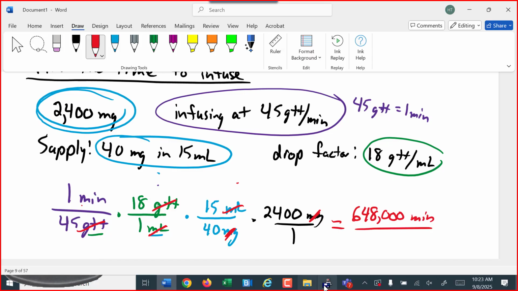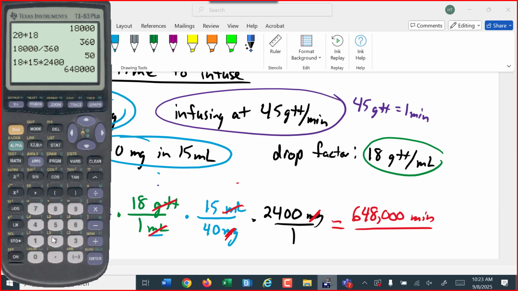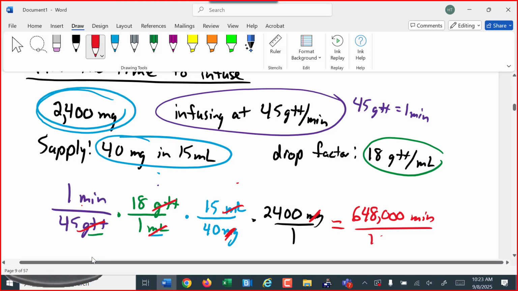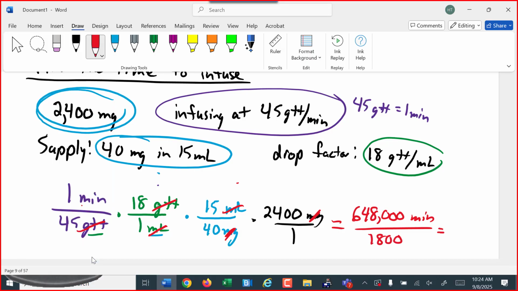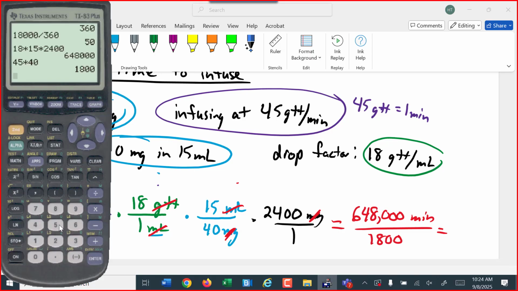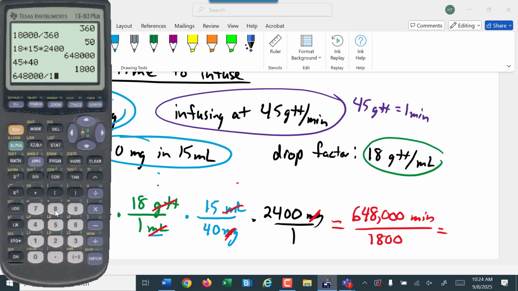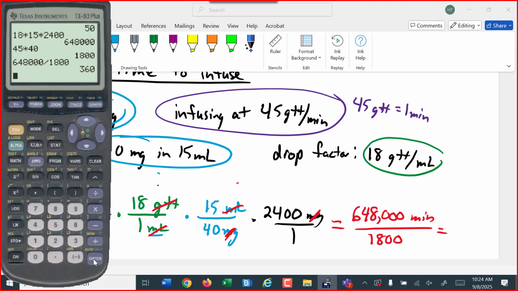On bottom, we have 45 times 1 times 40 times 1, which is just going to give us 1,800. And we divide that out. 648,000 divided by 1,800 gives us 360 minutes.